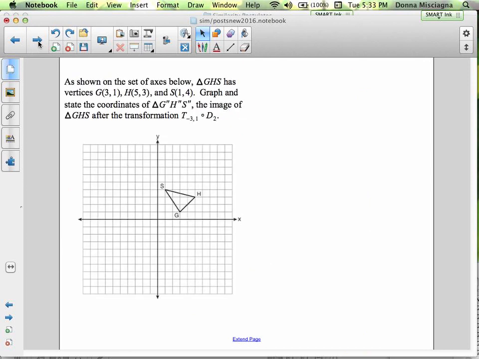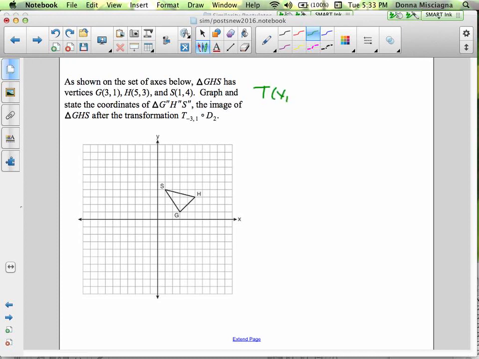All right, so as shown on the set of axes below, triangle GHS has vertices G(3,1), H(5,3), and S(1,4). We're going to graph and state the coordinates of triangle G double prime, H double prime, S double prime, which is the image of triangle GHS after a transformation of, so now this one is a T, which means translation.